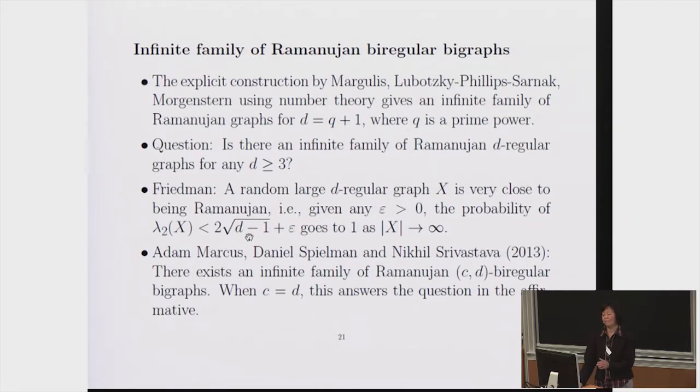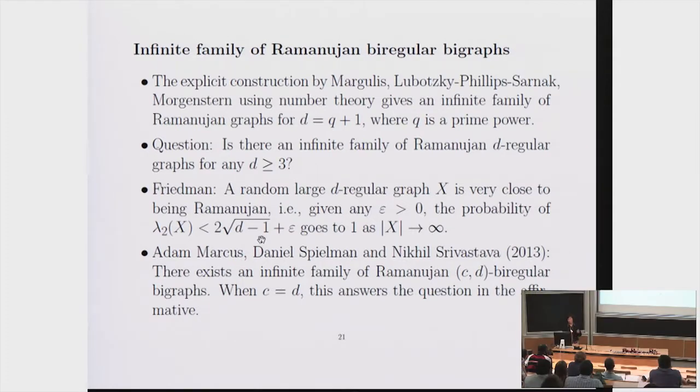Then we consider the d-regular graphs whose largest non-trivial eigenvalue is less than this relaxed bound. He has shown that as the size goes to infinity, with probability 1 this holds. So this is the situation we see: if we relax this a little bit, then there are tons of them.